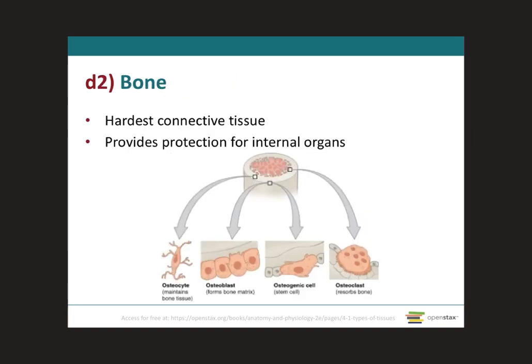The second type of supportive connective tissue is the bone, which is the hardest connective tissue. Therefore, it provides protection to internal organs, like the skull provides protection to the brain, and it also supports the body.